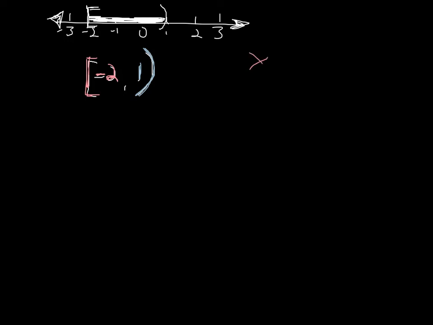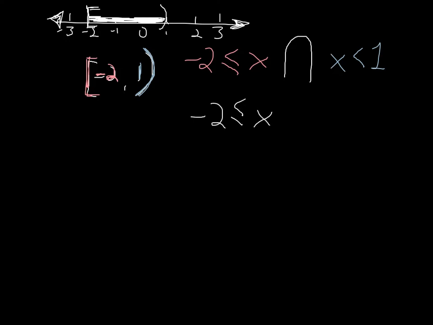X is greater than or equal to -2, and x is less than 1. And how do we write and? The ∩ for intersection. Can we combine these into a single compound inequality? You bet we can. -2 is less than or equal to x, which is also less than 1.